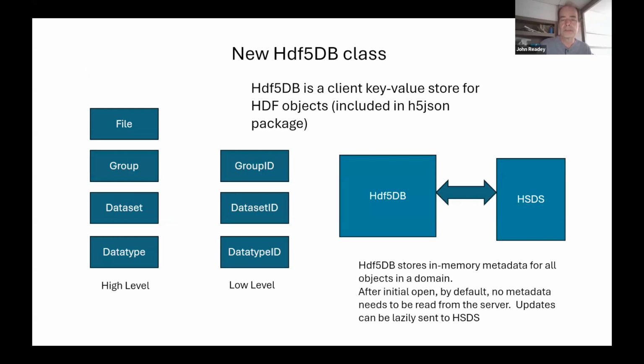And this is used to have an in-memory scratchpad for common data. So where before we might have said, oh, I need to read this attribute, talk to HSDS, now, potentially, we can just find that in this in-memory database.